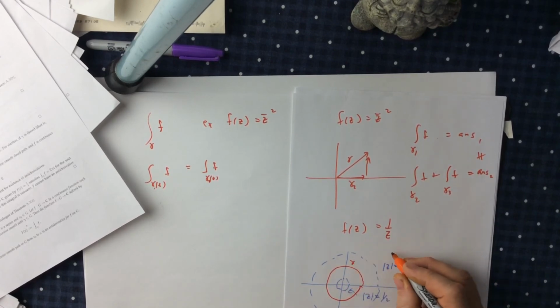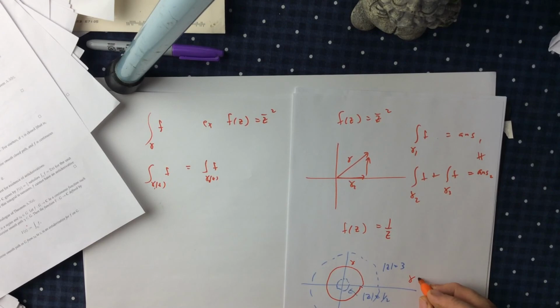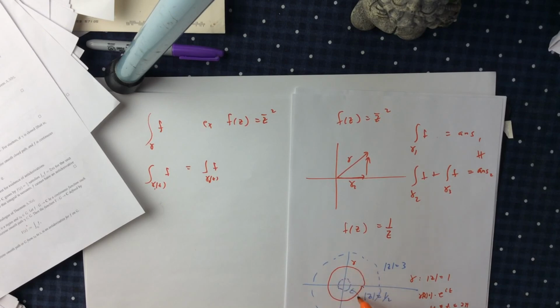And then inside of there, I'm going to take gamma to be the modulus of z equal to 1, and I'm going to parameterize it. I think it would be great to parameterize it as gamma of t equals 1 times e to the i t, where t varies between 0 and 2 pi. So it takes about 6 seconds to walk around this circle.